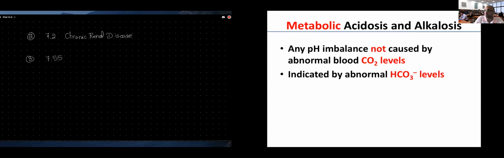Blood pH of 7.55, and this is caused due to lung fibrosis.